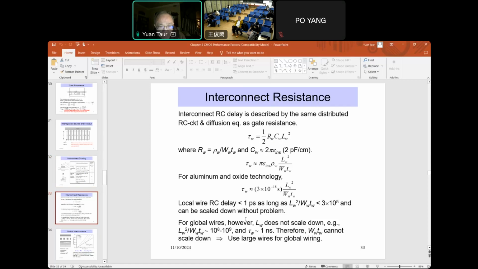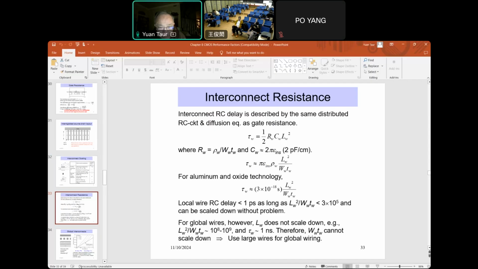And this wire length can be short, because once the MOSFET becomes smaller and smaller, the wire needed to connect them into a circuit also becomes shorter. So that's why it's called local wire. It's not a serious problem.